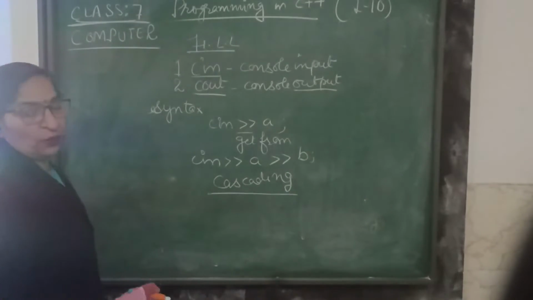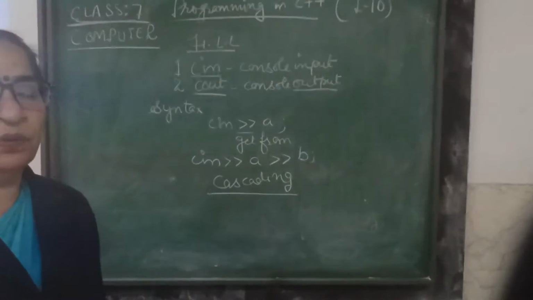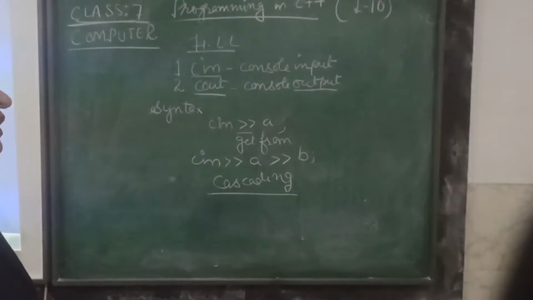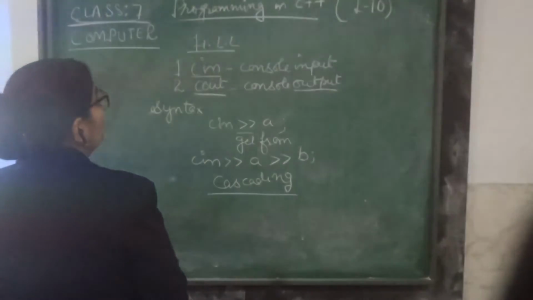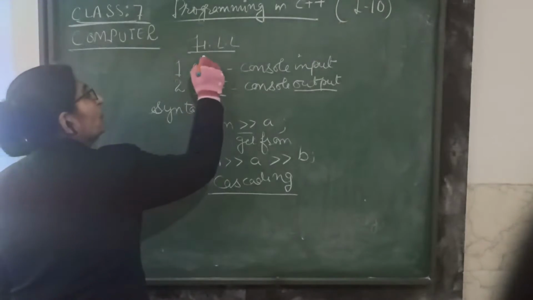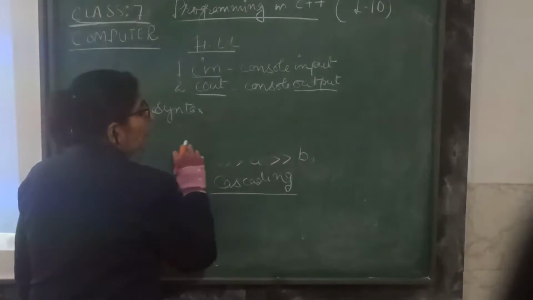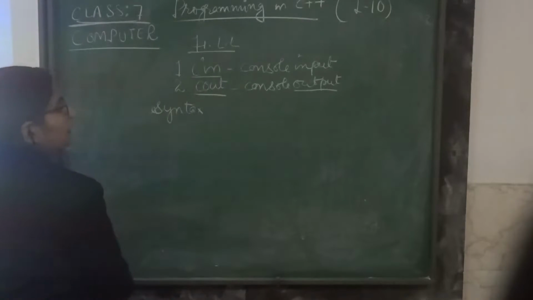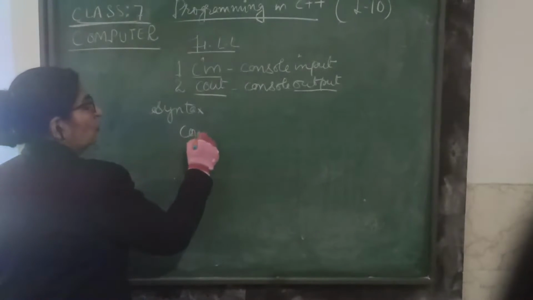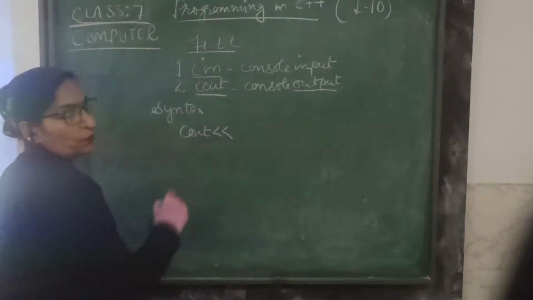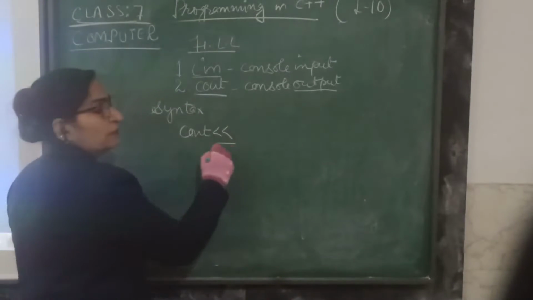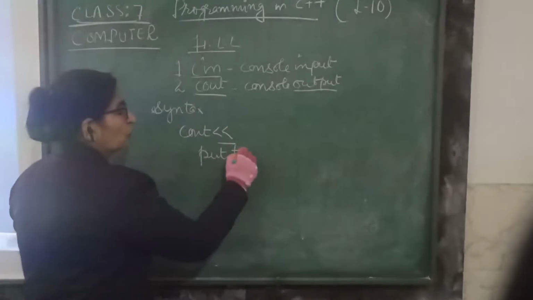Further statement which we are going to start is cout. Cout statement is used to display the value. After taking the value from the keyboard, we use the statement cout. What does cout stand for? Cout means console output. For that, this sign is used. That is called put to.